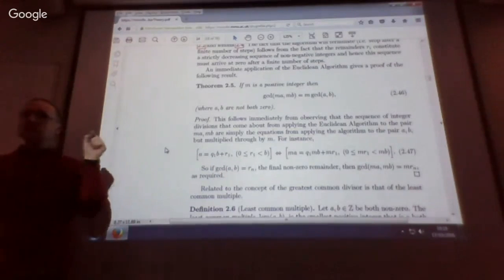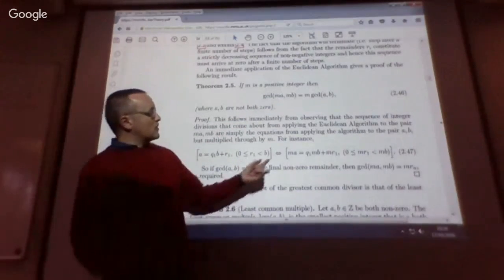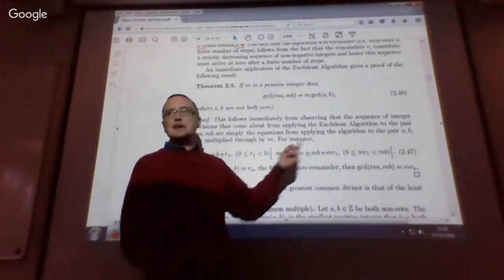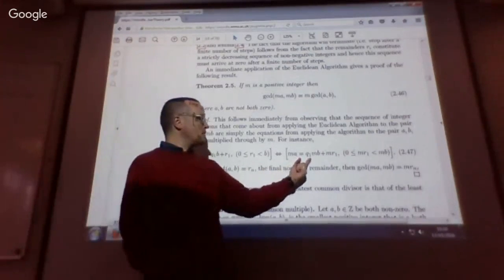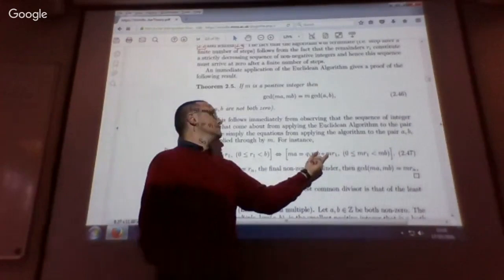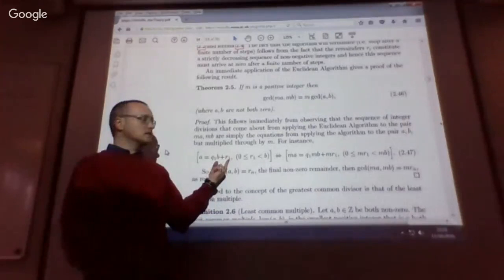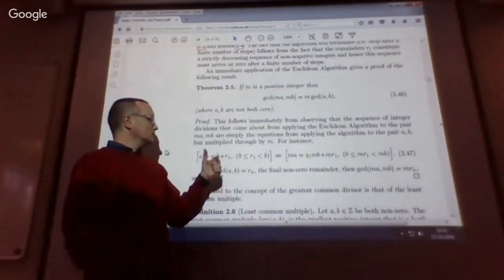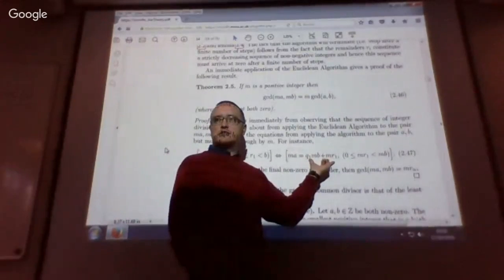If you look at the same integer division for the quantity on the left-hand side, there you'll be trying to divide MA by MB. Well, we're just noticing that it's exactly the same quotient, Q1, that occurs here, and exactly the same remainder after multiplication by M that occurs over here. Okay? So the quotient and remainder here are exactly the same as the ones over there.